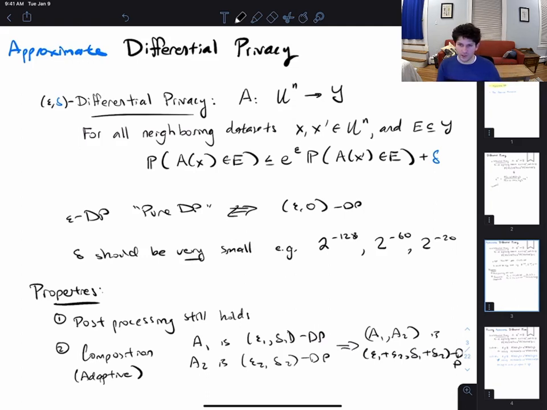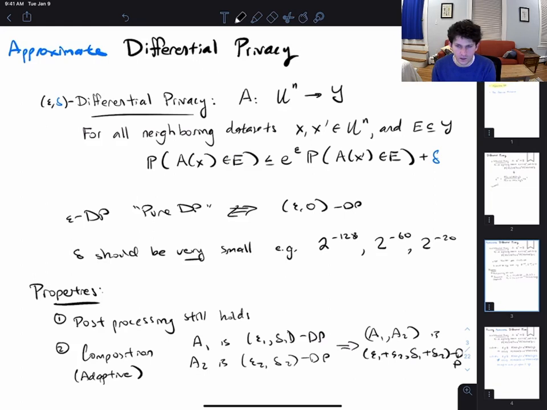That's going to be the subject of the next lecture, and that's one of the best reasons to study epsilon delta differential privacy, because even if you only like designing algorithms that are epsilon 0 differentially private, when you compose many of them, you're going to get effectively an epsilon delta differentially private algorithm where allowing that non-zero delta makes the epsilon much, much smaller. So we get a much more precise understanding of what's going on under composition if we allow this small delta. That's a little teaser for next time, but as a sanity check, we still have basically the same composition theorem we had for pure differential privacy, where the epsilons and deltas now just add up.